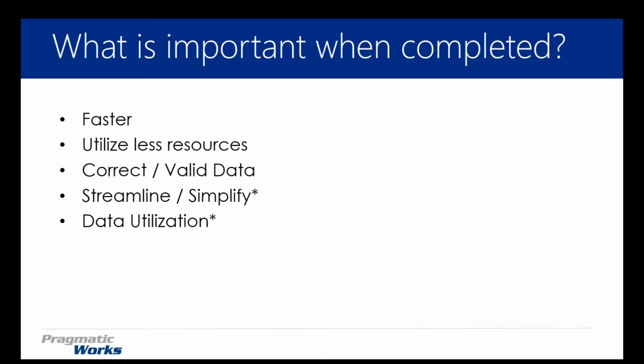Are there tables that were populated with data for maybe an old process when it was originally developed? Fast forward in time, maybe that process isn't used anymore. Maybe our environment doesn't have that data. So that's another idea and step of that data utilization.